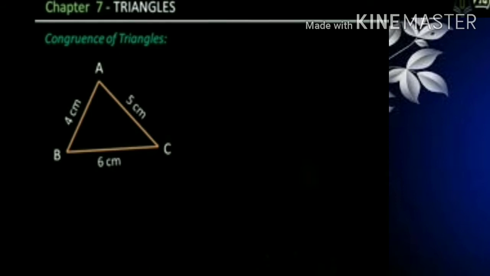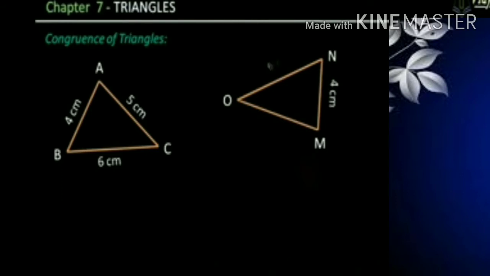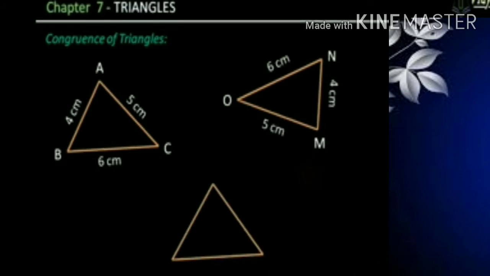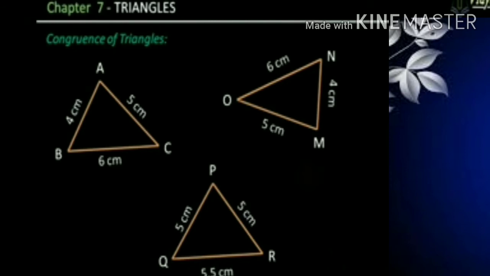Now let us move on to this particular example. I have the first triangle ABC with measurements 4, 5, 6. The second one is OMN with measurements 5, 4, 6, and the third one is PQR with measurements 5, 5 and 6.5.